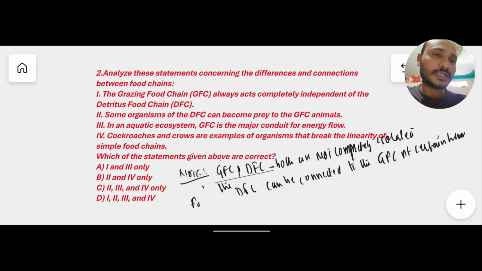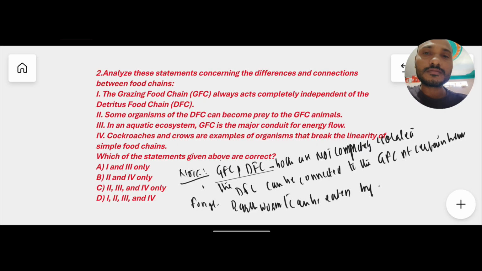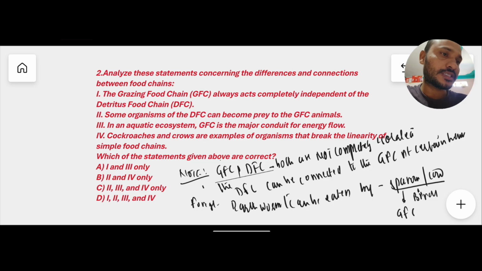For example, an earthworm, a detritivore, can be eaten by a sparrow or a cow bird, and these are part of the GFC. Earthworms come under DFC, and they can be eaten by sparrows or birds, which come under GFC.